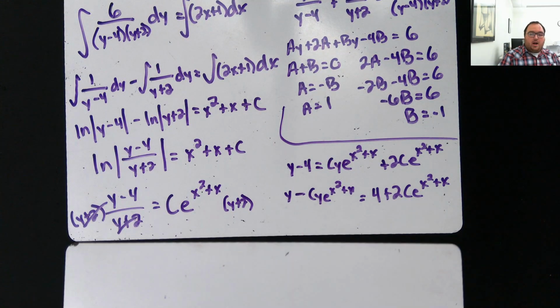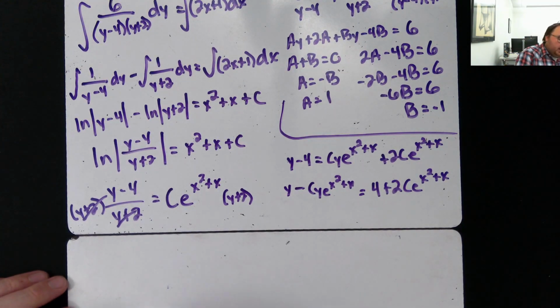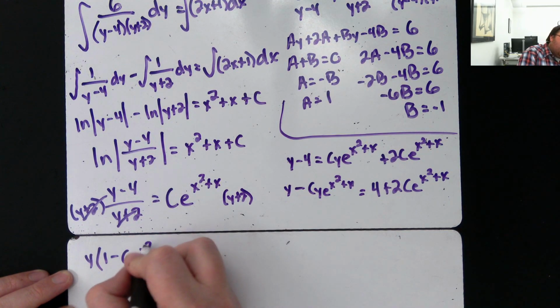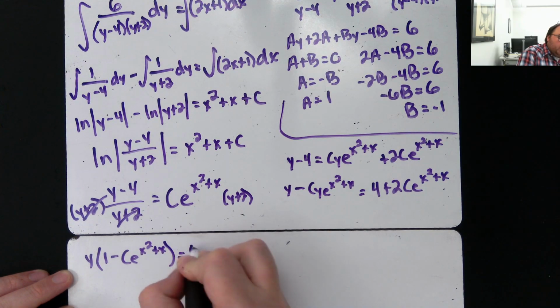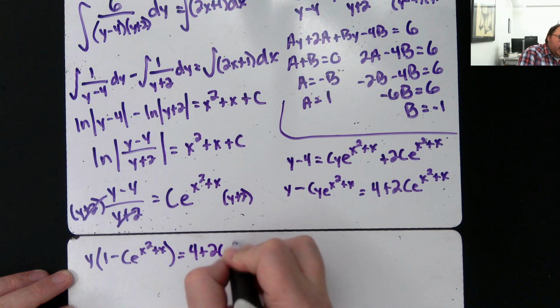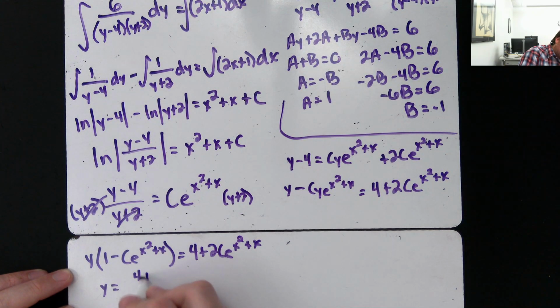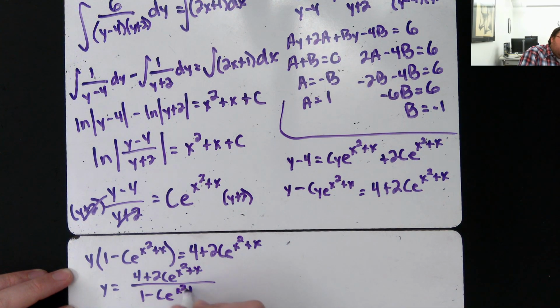Both of those have a y, so we can factor out y, which leaves me with 1 minus c e to the x squared plus x equals 4 plus 2c e to the x squared plus x. Divide by all of this stuff and y equals 4 plus 2c e to the x squared plus x over 1 minus c e to the x squared plus x.